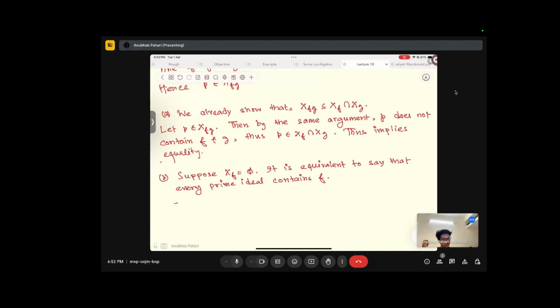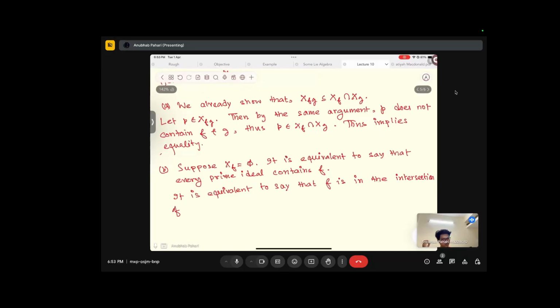Also it is equivalent to say that f is in the intersection of all prime ideals, that is the nil radical.